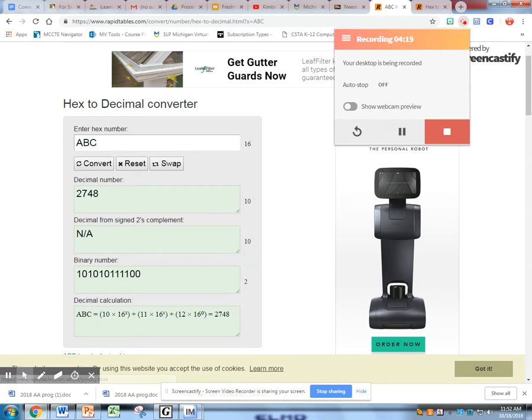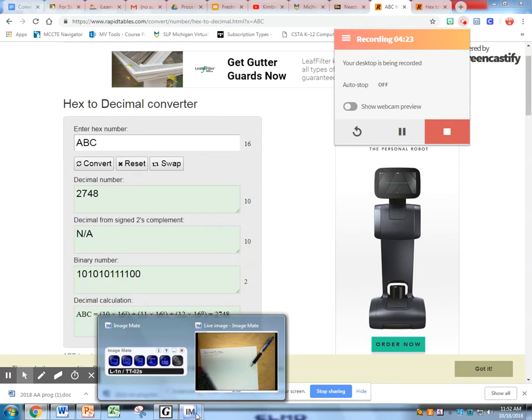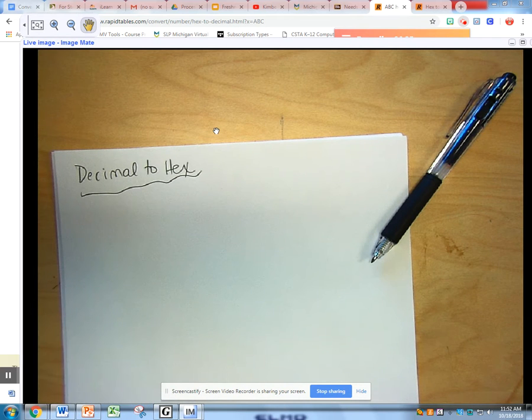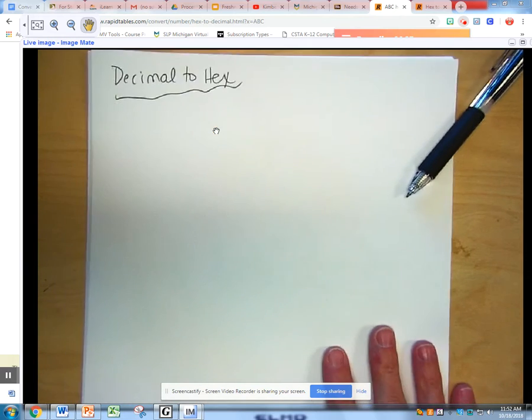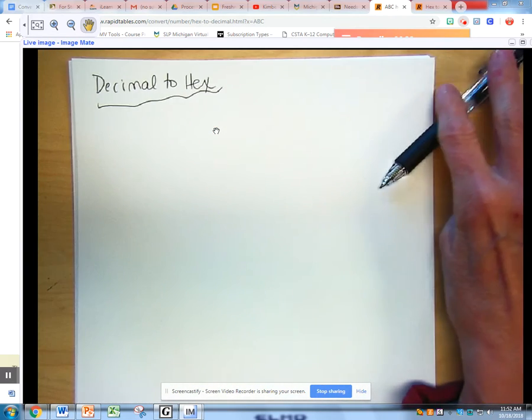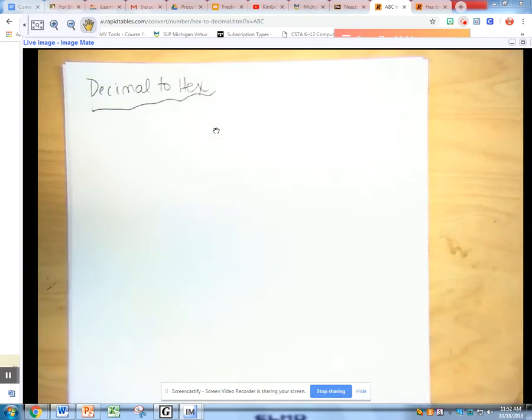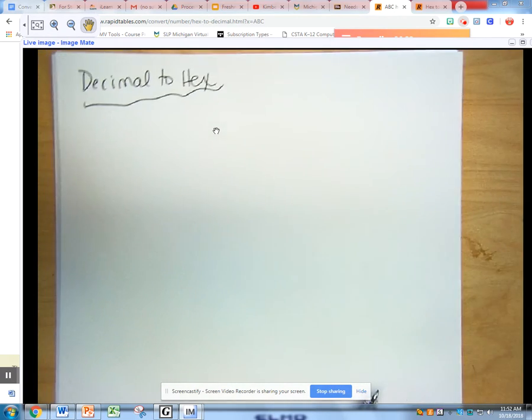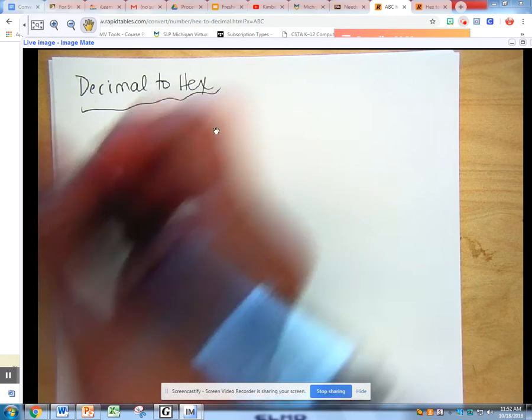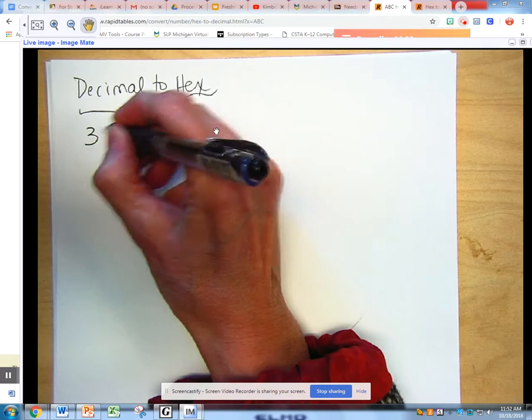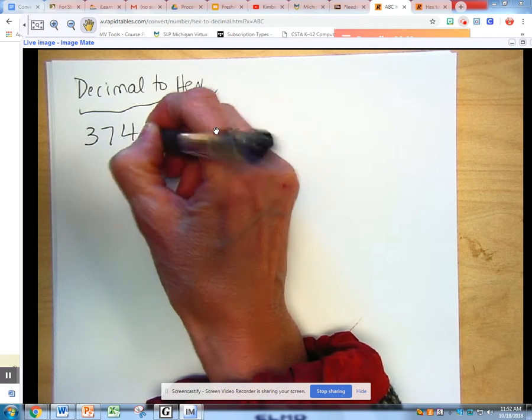Okay, so the last thing I need to show you is decimal to hex. So let's go ahead and take care of that. I'm going to zoom in just a little bit more. The number we're going to convert is 3,741.